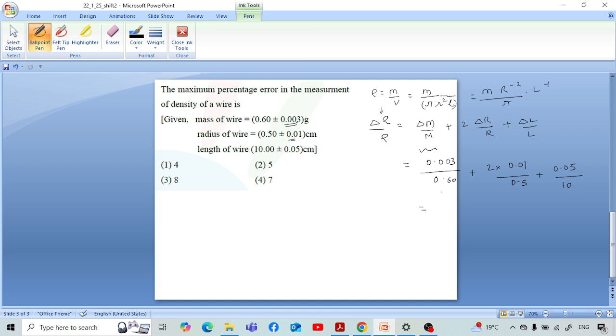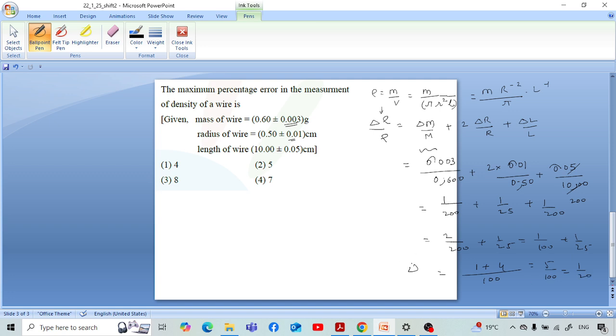So this value comes out to be 3 upon 600, which is 1 upon 200, plus 1 upon 25 plus 1 upon 200. So this comes out to be 2 upon 200 plus 1 upon 25, equal to 1 upon 100 plus 1 upon 25. LCM is 100, so 1 plus 4 comes out to be 5 upon 100, which is 1 upon 20.